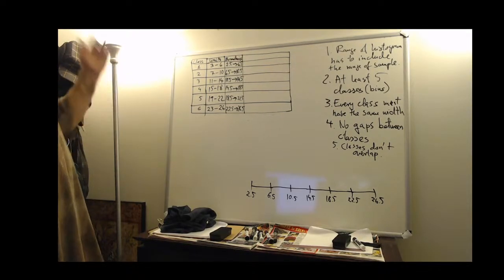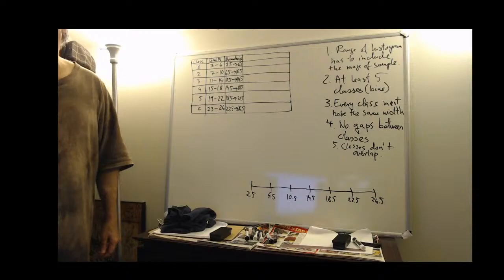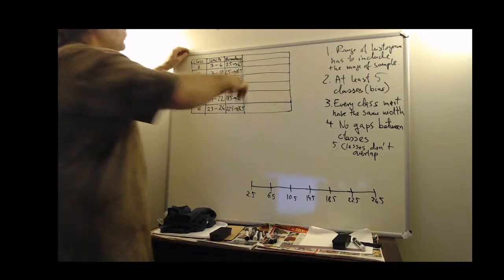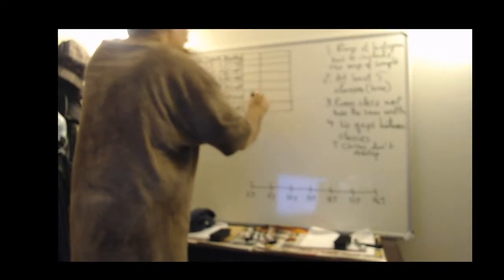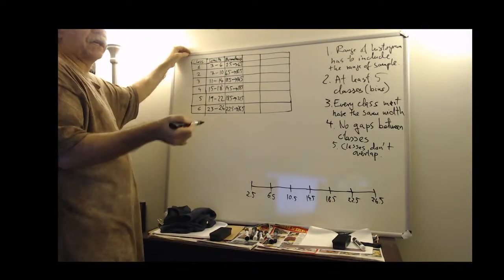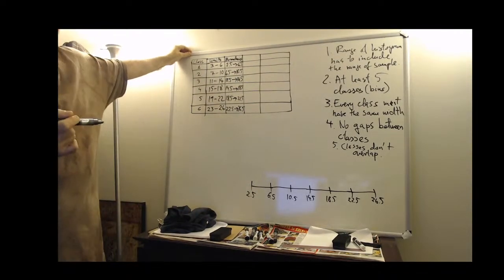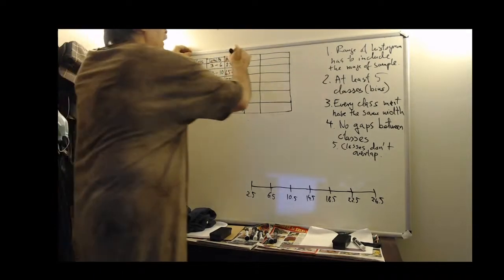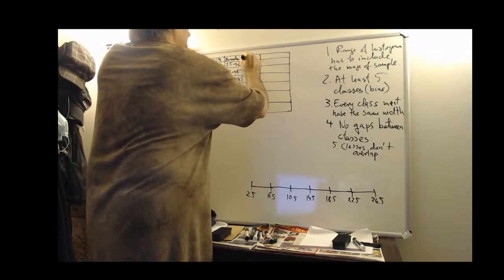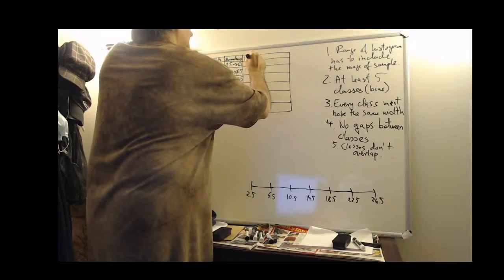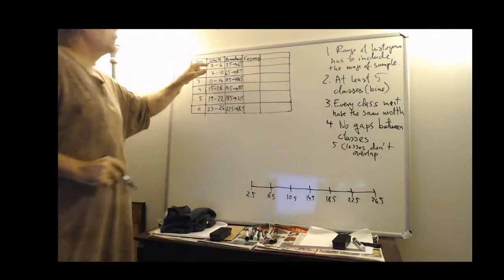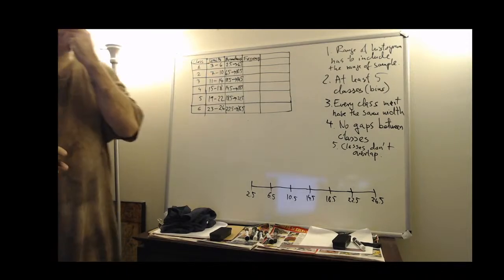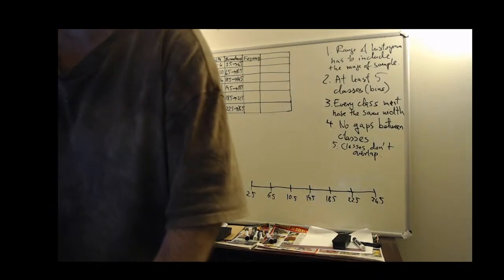Now, when we have those boundaries done, we need to find out the frequency. You can do the tally if you're tallying by hand, because you need to find out what is in the class. How many things are in the class is called frequency. Now you look at the limits, 3 to 6, and you look at the data. Okay?